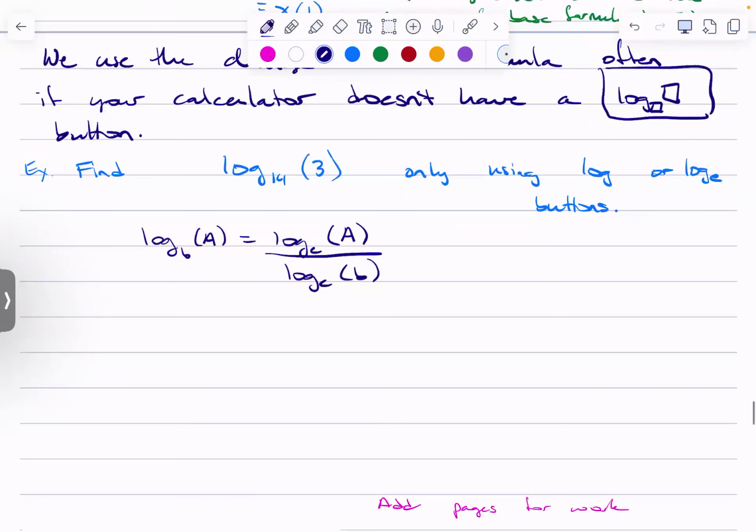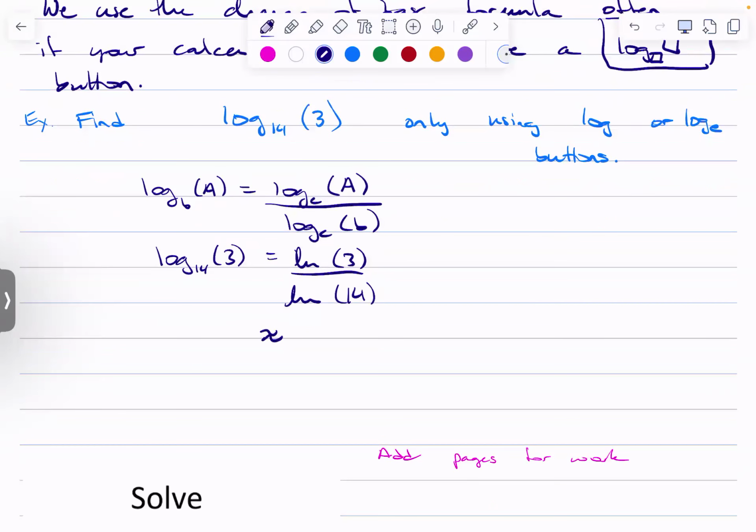If b is 14 and a is 3, I'll use the natural log, so log base e of 3 divided by the log base e of 14, which is the exact answer. Ln of 3 divided by the ln of 14. I get roughly 0.41628966639.